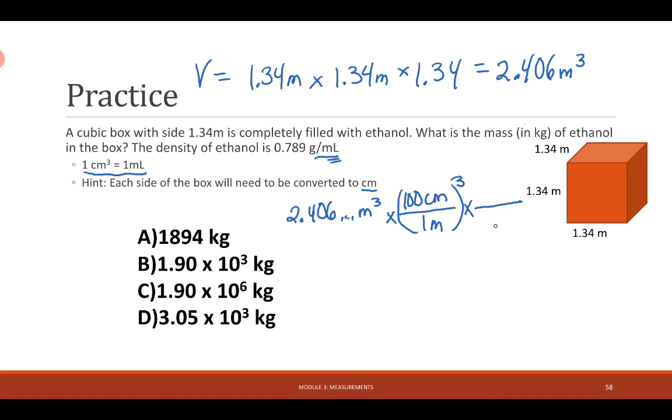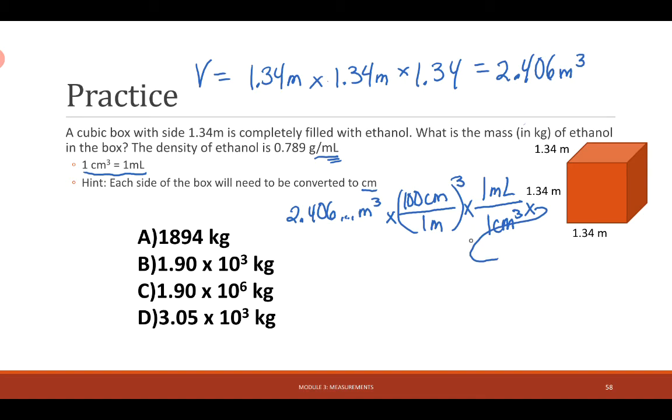And so I can write out that I need to cancel out my centimeters cubed and get into milliliters. And then my density tells me that I can cancel out my milliliters and get into grams. I should have started this math a little bit lower, so I'm going to move it lower.